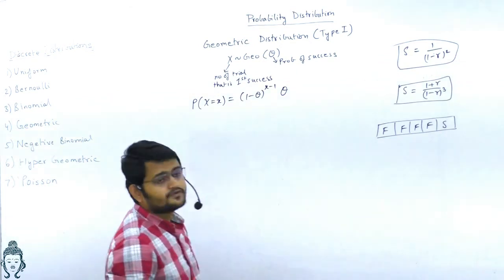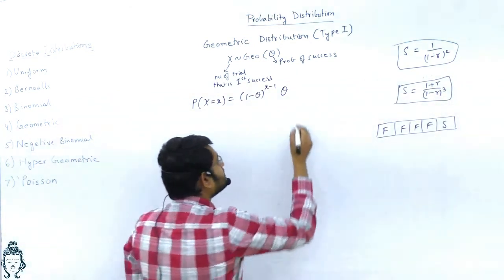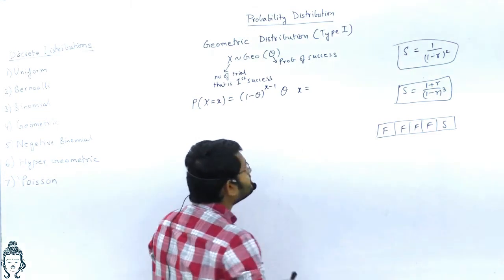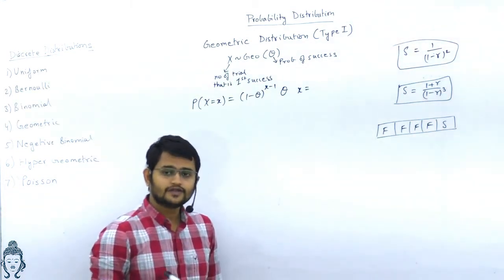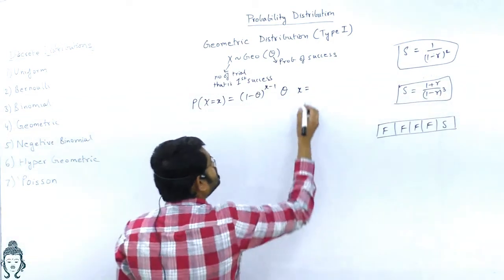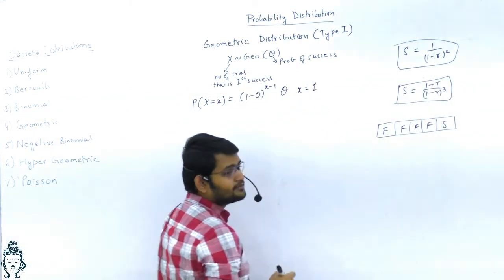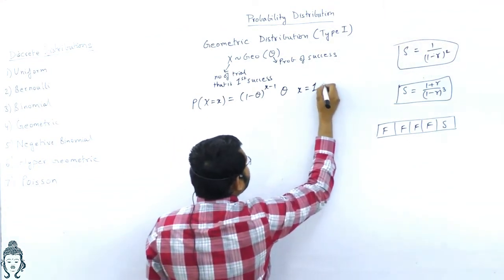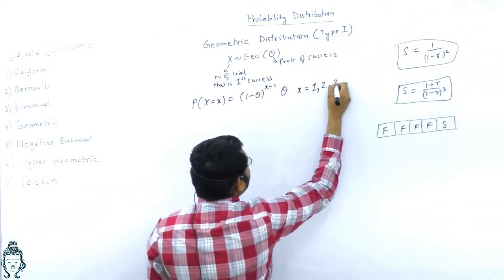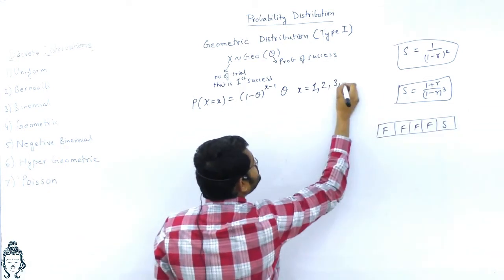Now what are the possible values of x? How many minimum trials do we need to get one success? We need at least one trial. So our minimum value is going to be 1. We can have one failure then a success, we can have 2 failures then a success, and so on.